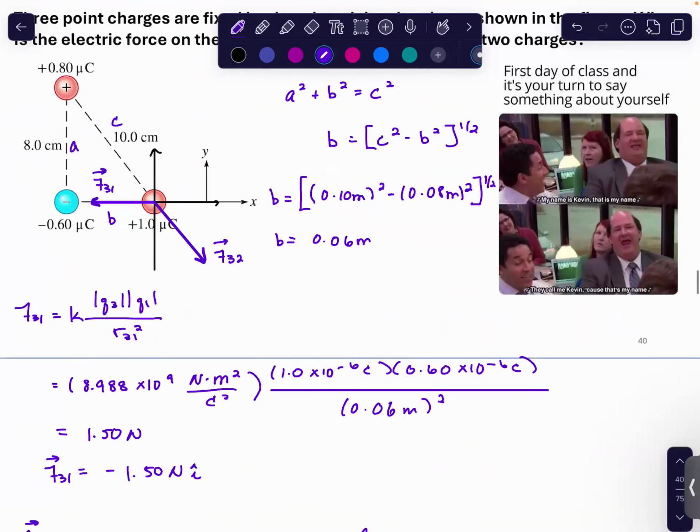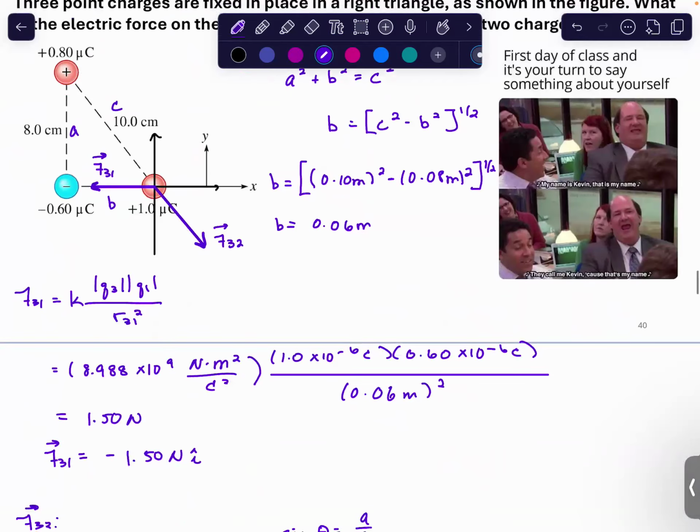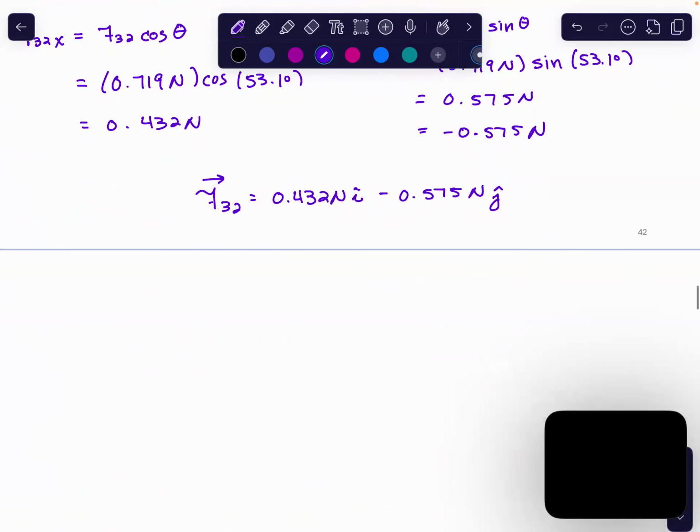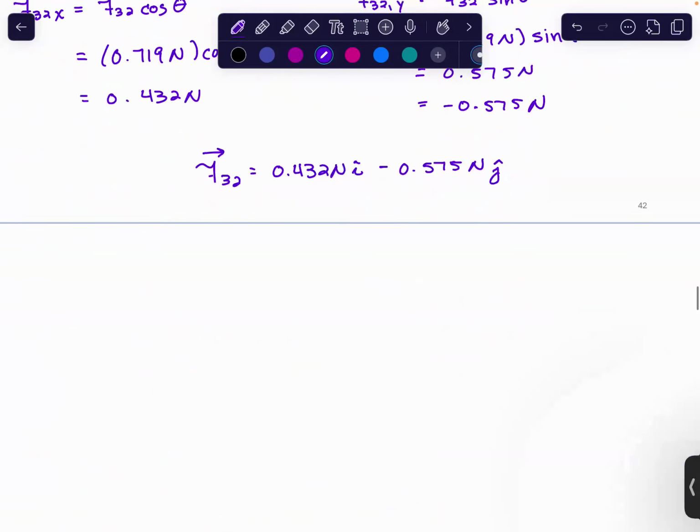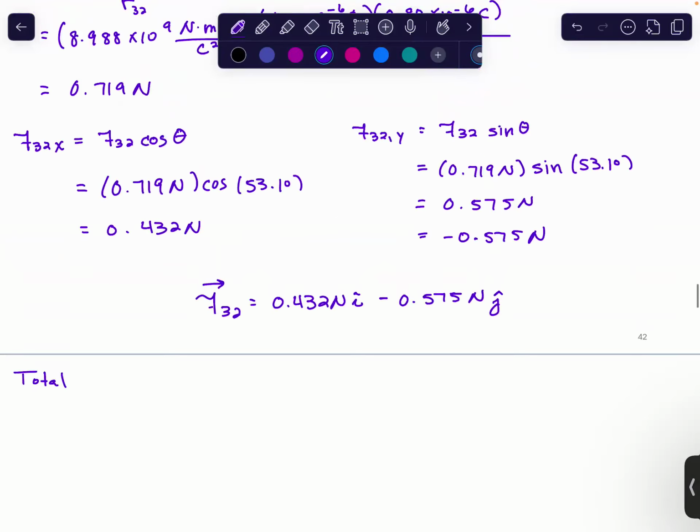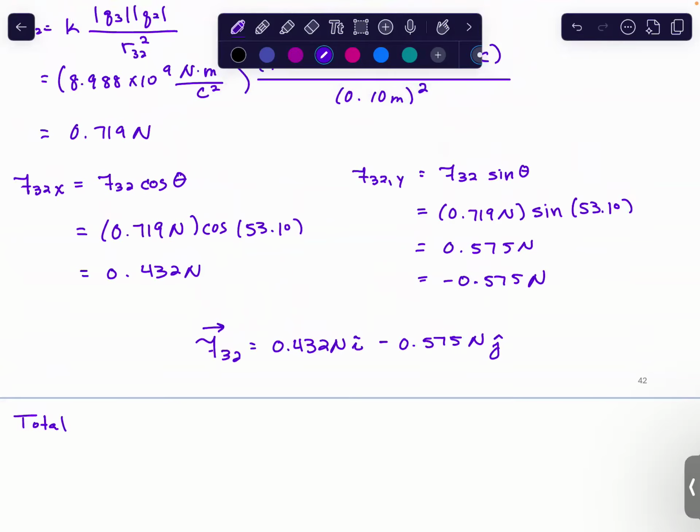Total force on the 1 microcoulomb charge. You could either call it total force, I'll just call it force 3, because I called that charge 3.